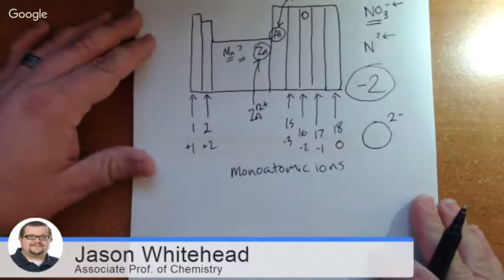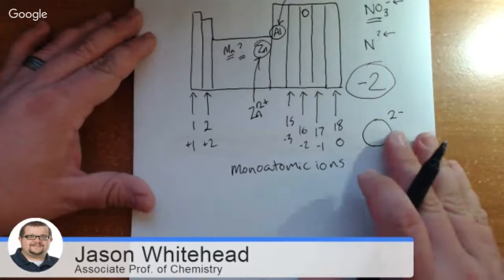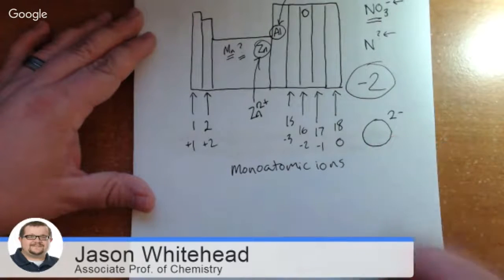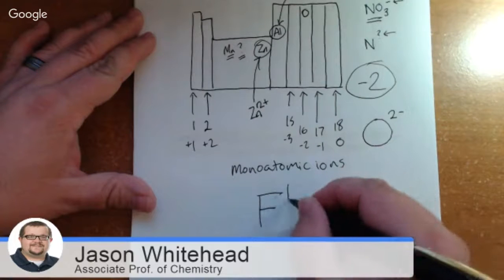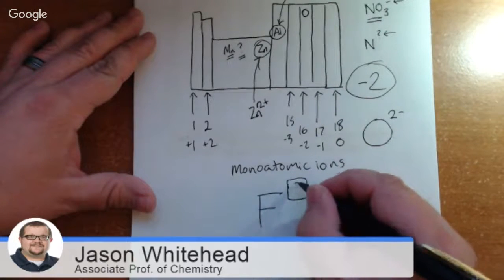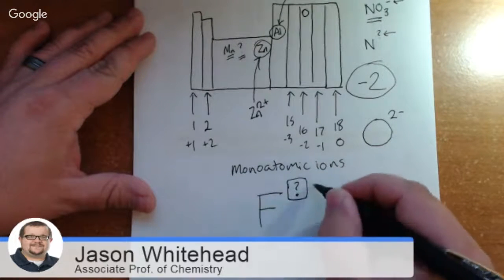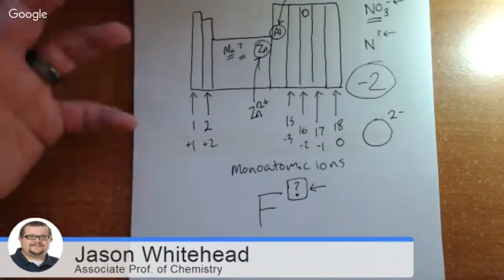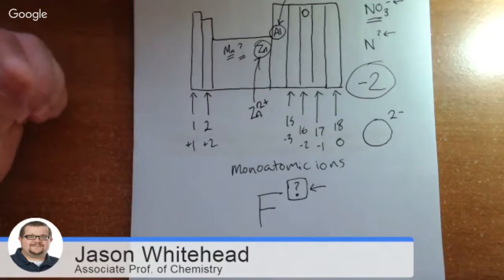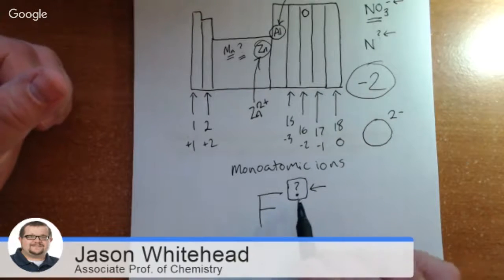Okay, just for practice, if instead of an oxygen atom, let's say that I gave you a fluorine atom, I said it was an ion, what's the typical charge that would be written up here for a fluorine if it formed an ion, the fluoride ion? What would be our number that we should write in here?